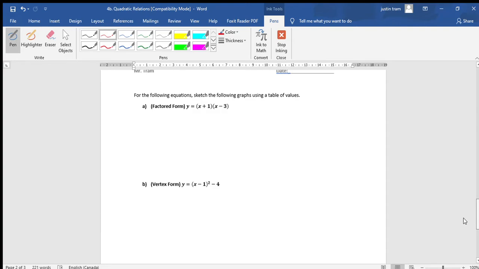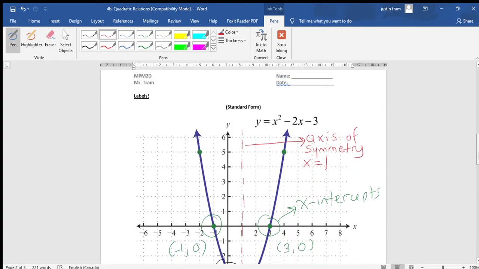Moving on. Now, oh, right. Notice how I put the words standard form here. If I just think back to lines again for a quick second, the form we're used to seeing when we write equations of lines is y equals mx plus b.